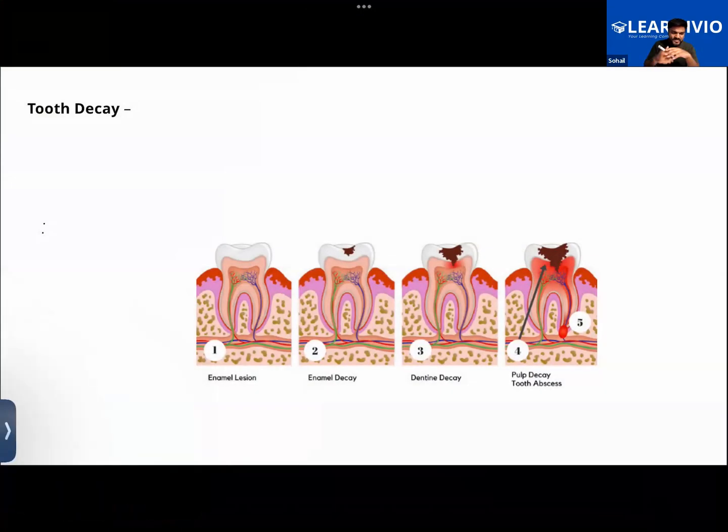So what basically happens in the case of tooth decay? If a food particle gets stuck in the tooth, bacteria will start to grow. Bacterial infection will start to grow, and as the bacterial infection spreads, this bacteria will release some acids, and acids are corrosive in nature, meaning that they can eat the surface, it can lead to decay of surface, isn't it?